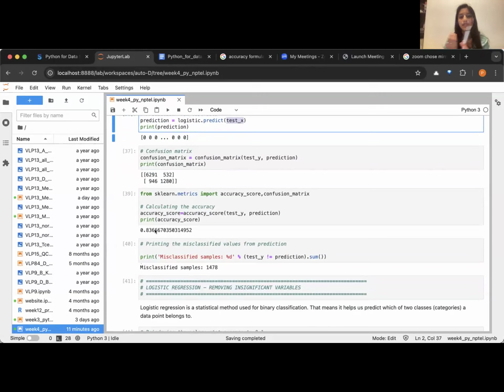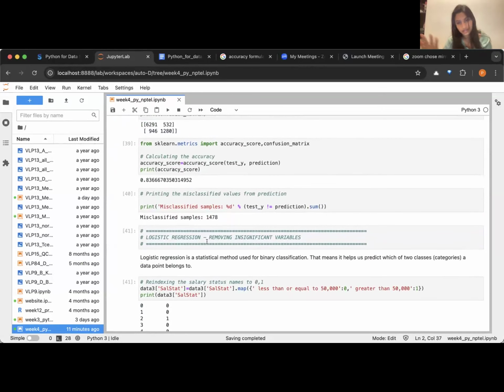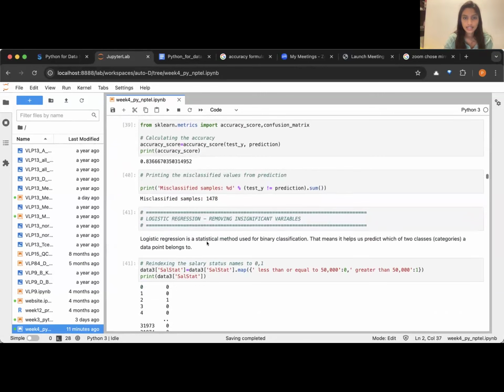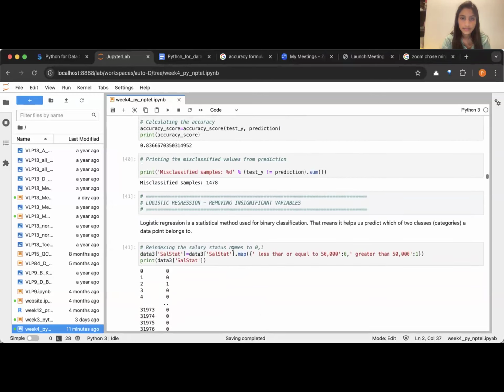This gives you about 0.1% extra accuracy. It's not very significant, but that's how you compare models. When you're building a new model, you first build multiple models and see which performs the best, and then you finally use that to predict your actual values.